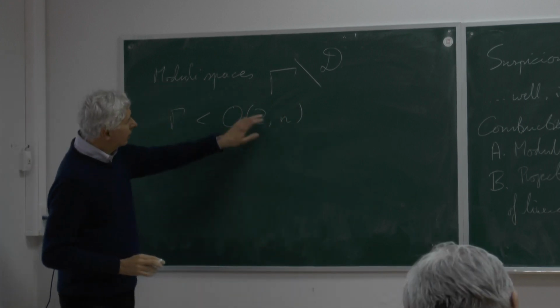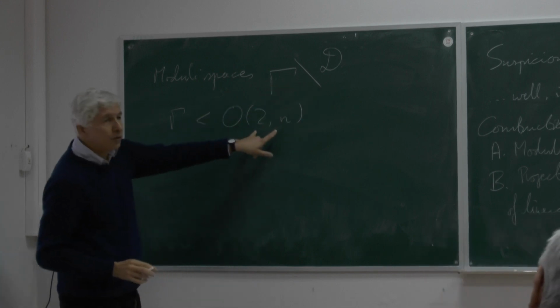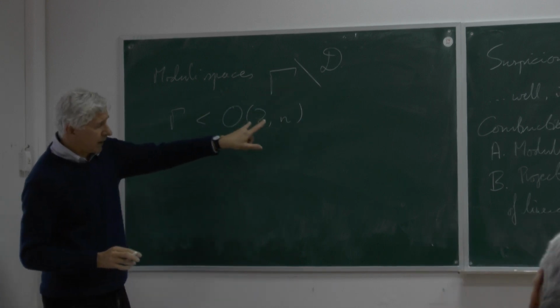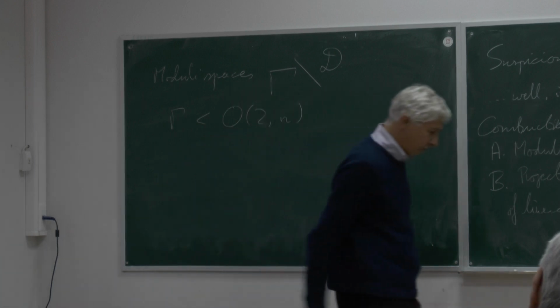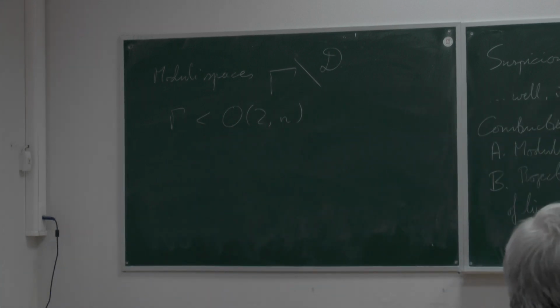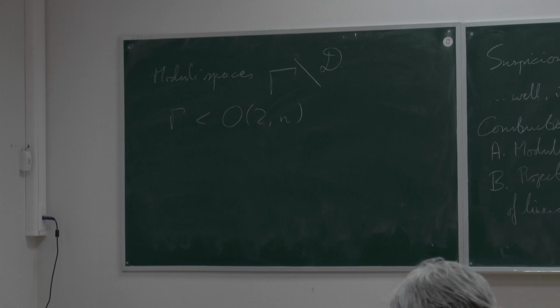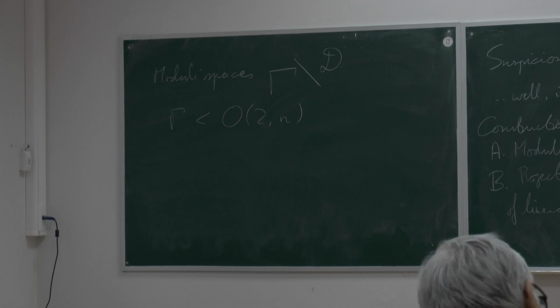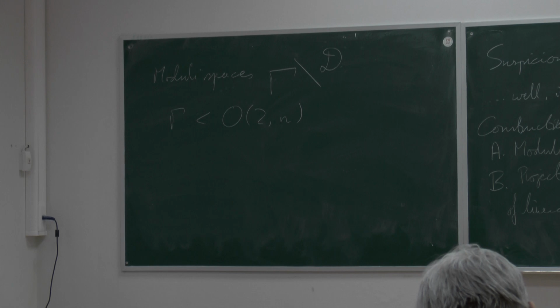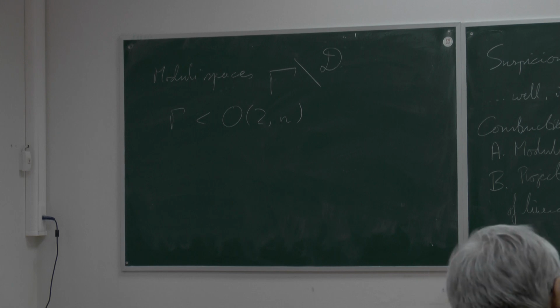Okay. So what's happening is this O2n: the Hyperkahler manifold has a quadratic form on H2, not on the middle cohomology, it's got a quadratic form on H2, which is essentially given. The first time I gave a talk about this, this form has the names of Beauville, Bogomolov, and Fujiki on it in various combinations.